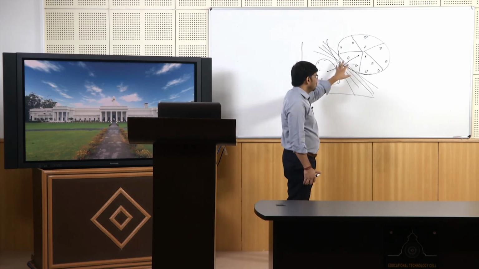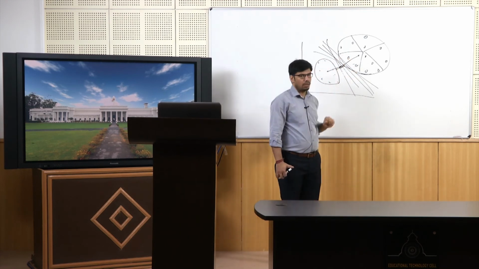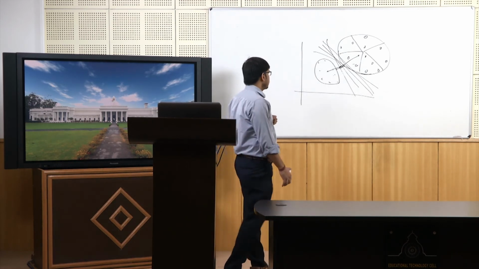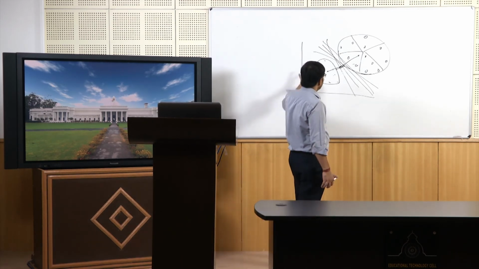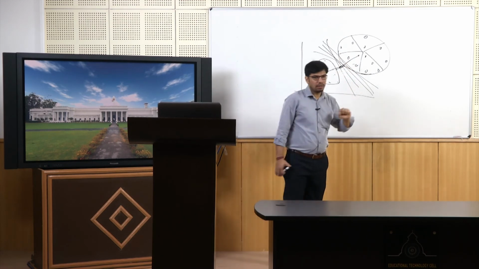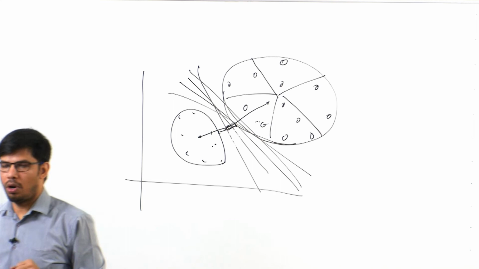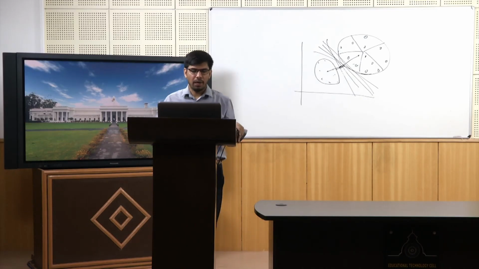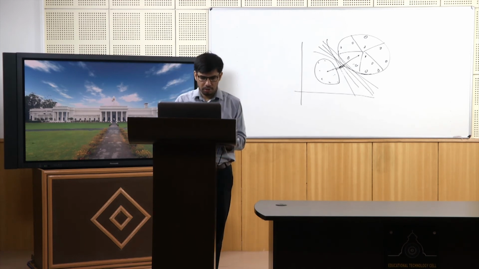If class separation is clear, then a particular classification model would probably do a good job of classifying the observations. However, if the class separation is not clear, then the modeling would be much more complicated and the performance would not be as expected. So let's understand these two things using some plots here.